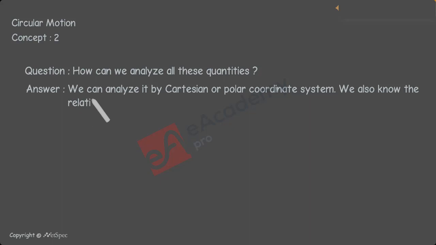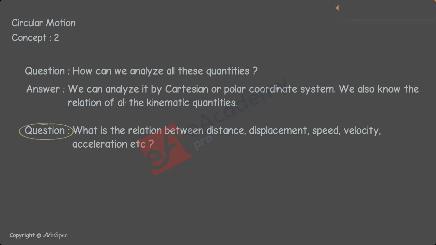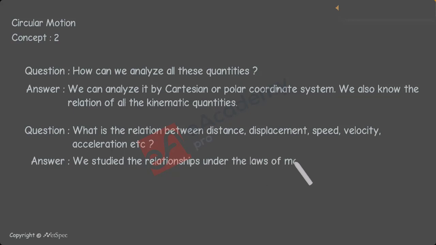We also know the relation of all the kinematic quantities. What is the relation between distance, displacement, speed, velocity, acceleration, etc.? We studied the relationships under the laws of motion. What are the laws of motion?